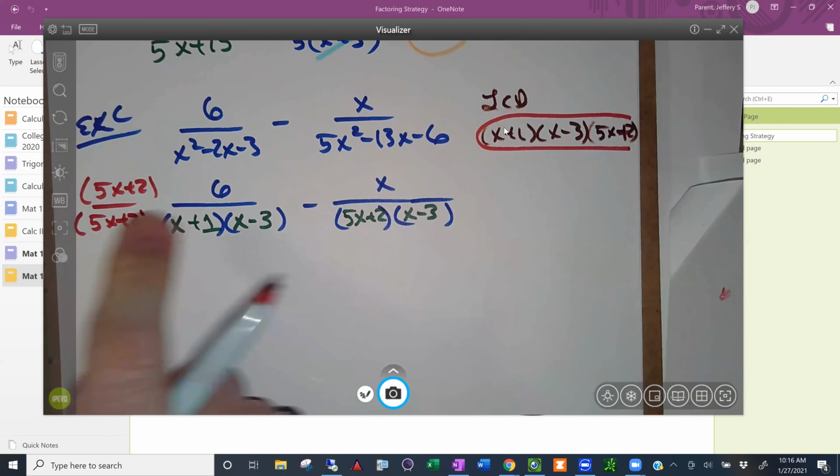Okay, let's clean this up a little bit. That's going to be 6 times 5x is 30x plus 12. And here I'm going to get a little bit lazy for a minute. This is my LCD.